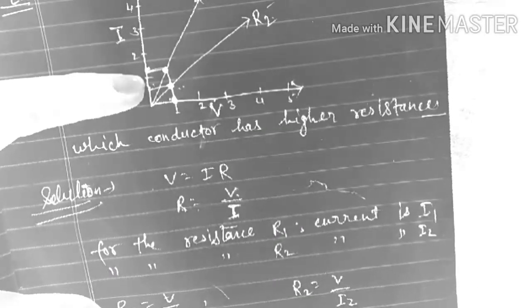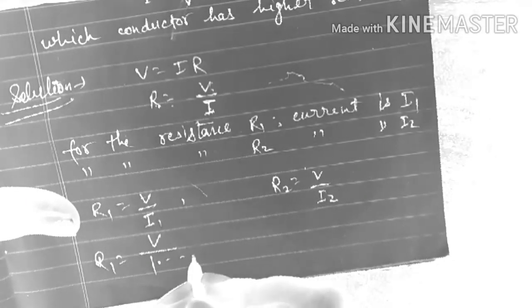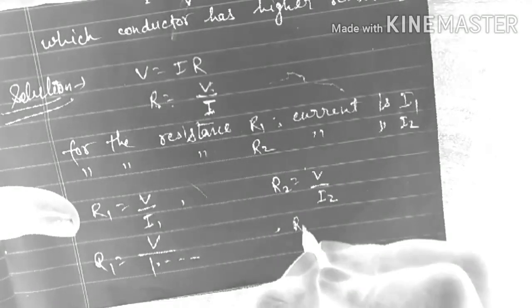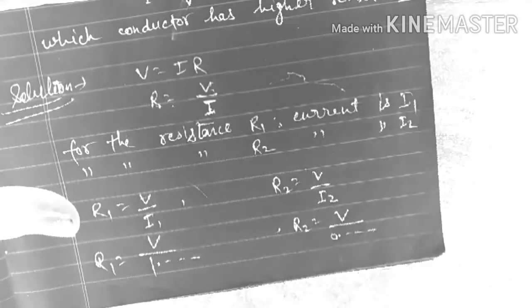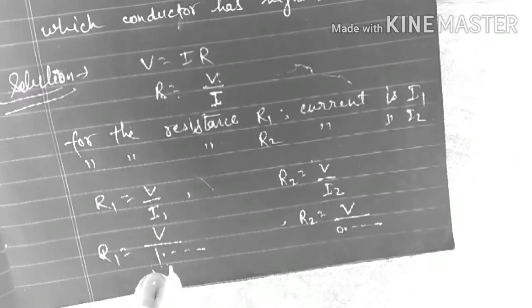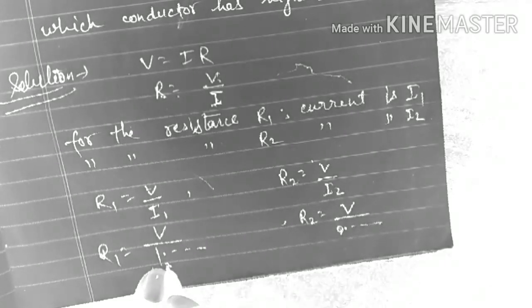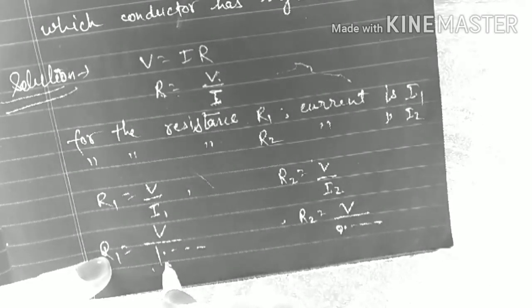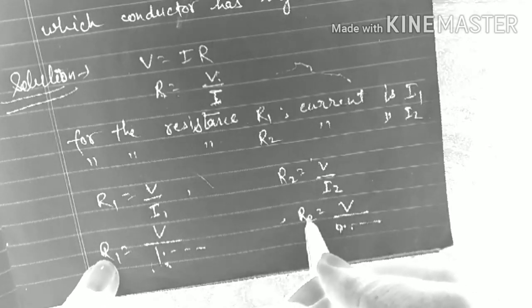So R1 is equal to V upon 1 point something and R2 is equal to V upon 0 point something. Now we will see here which is larger compared to this. If it is larger then R1 is small. If it is small then R2 is larger.